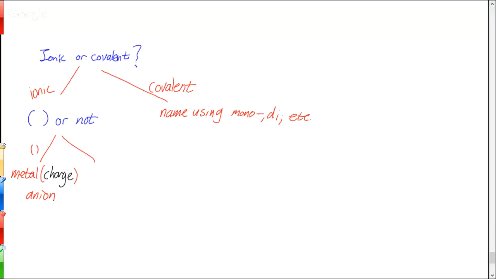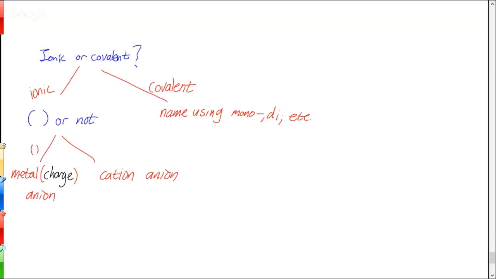So, cobalt-3 chloride, or cobalt-3 phosphate. If it's not a parentheses one, then we just say the cation and the anion. So sodium chloride, or calcium oxide, or ammonium phosphate. We don't use the parentheses if it has a fixed charge, if that charge doesn't change.